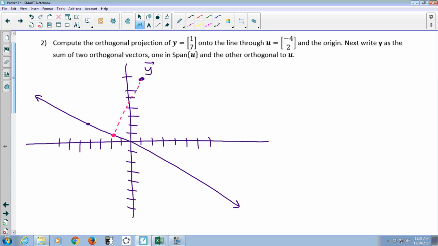So this vector here, that's one of the ones I'm looking for, and we're going to call that y hat. It's in the span of u. And then the pink one, from the pink point up to y, we're going to call that vector z, and it's orthogonal to the span of u.